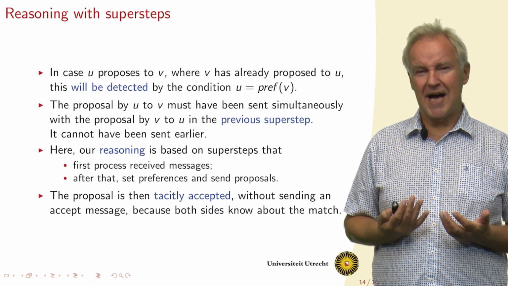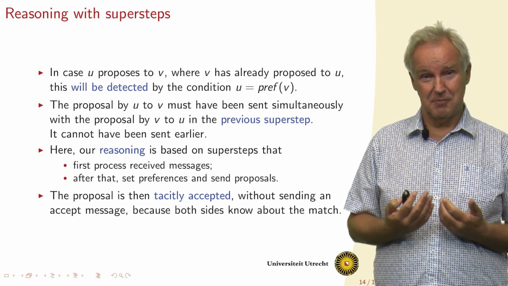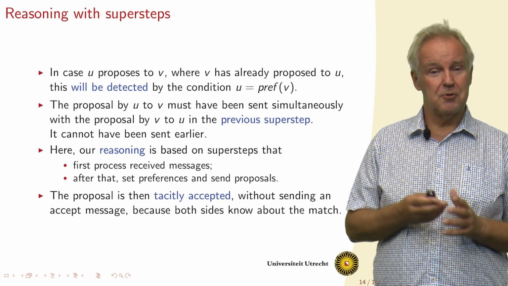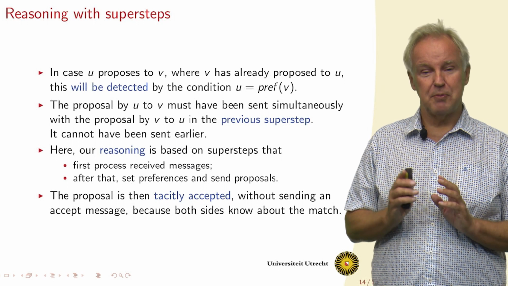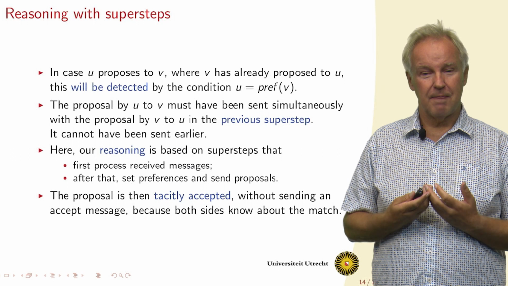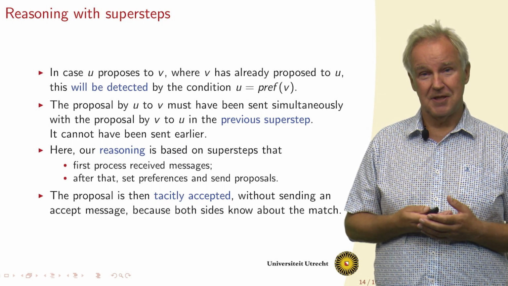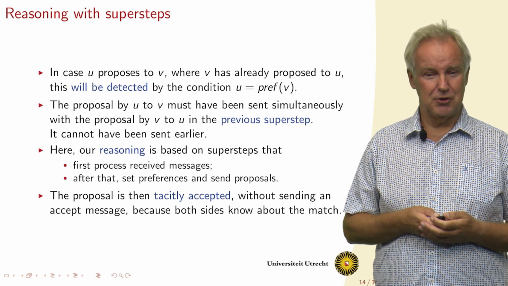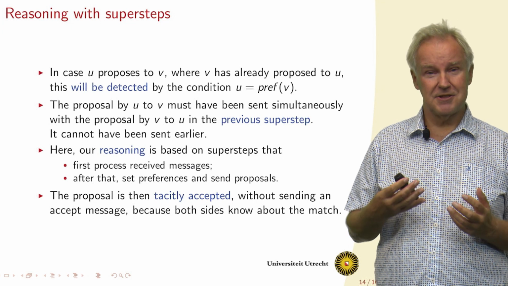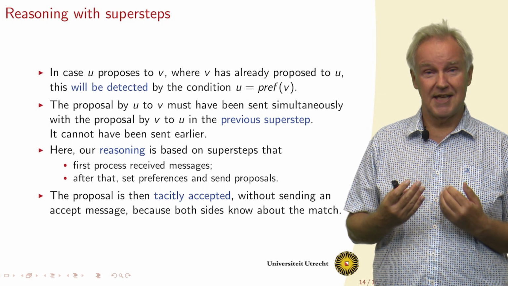Now, why is this superstep structure important? Because you can reason using this. Let's assume that U proposes to V, and V has proposed already to U, and we detect this by U equals the preference of V. If this is the situation, this means that both must have proposed at the same time.